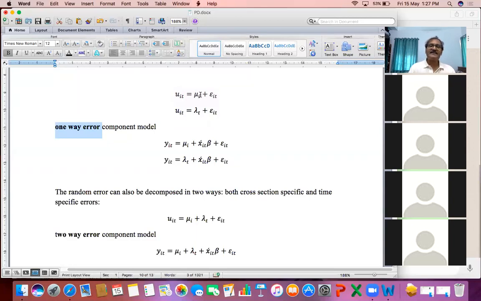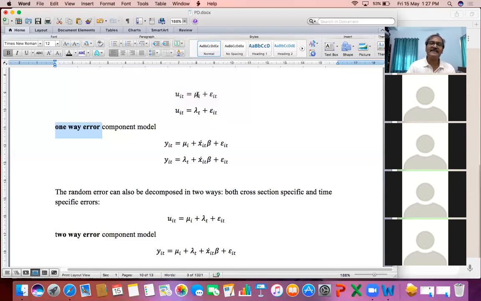If we consider mu_i as non-random or non-stochastic, then we can treat the variation across the cross-section unit in a fixed manner. But if we consider mu_i as random, we have variation across the cross-section unit in a random manner.